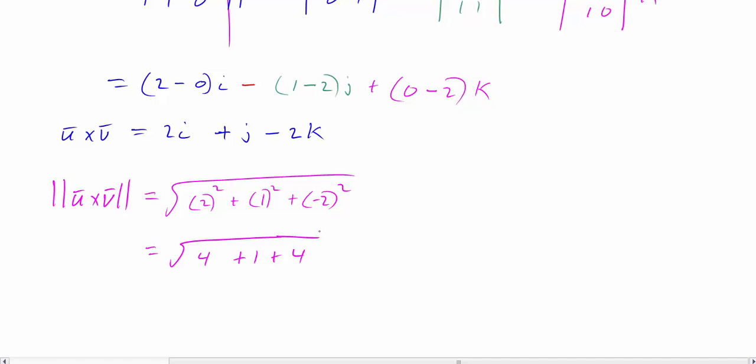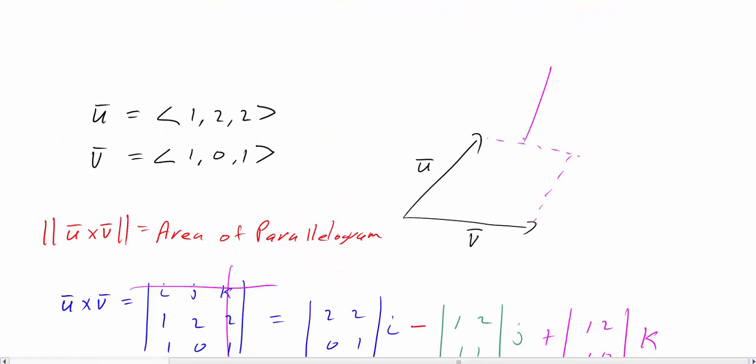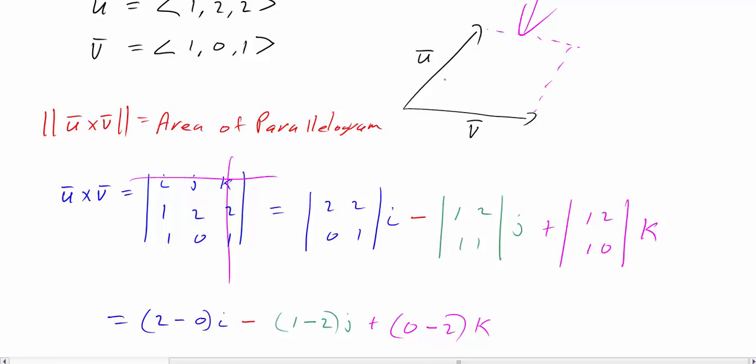So there we end up with the square root of 9. And then, of course, the square root of 9 is equal to 3. So the magnitude of this vector is 3. This actually turns out to be the area of our parallelogram here.